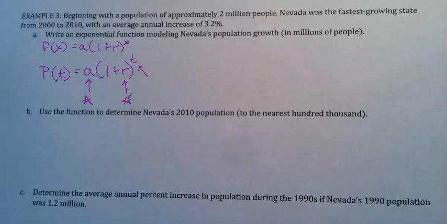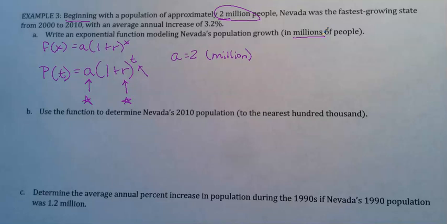So do we have an A, an initial population? Yeah, it was beginning, right? That means initial population of 2 million people. So our A is going to equal 2 million. I'm putting this in parentheses because it is 2 million, but notice we're leaving it in millions of people. So we're just going to say 2, and then the million is known.